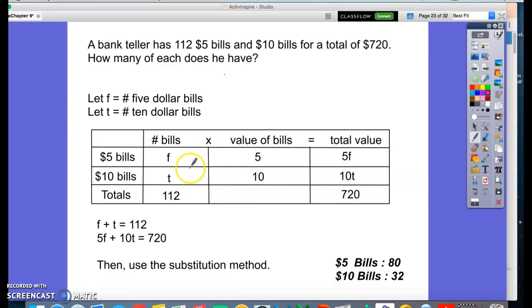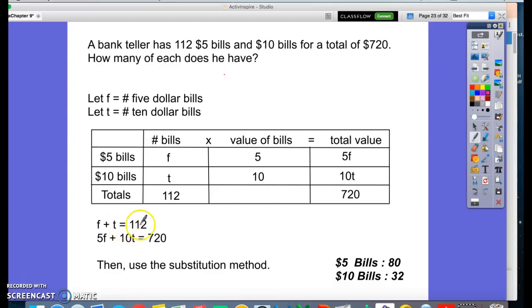And we know that he has 112 total bills. So F plus T should add up to 112, and it's worth 720. So these two should add up to 720.